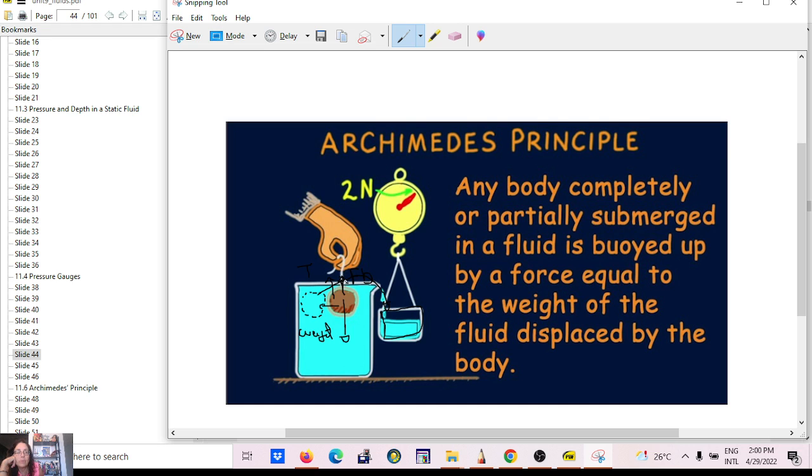So let's say we don't take into account the container, or maybe it was calibrated, so when the container is empty, it reads 0. Here you have the weight of the water displaced. You can measure it with a scale, and that will be equal to the buoyant force.